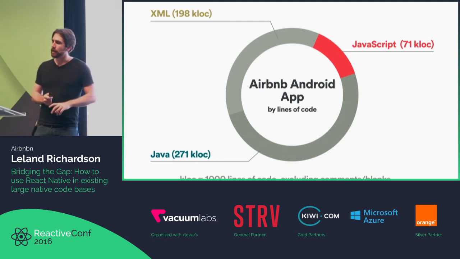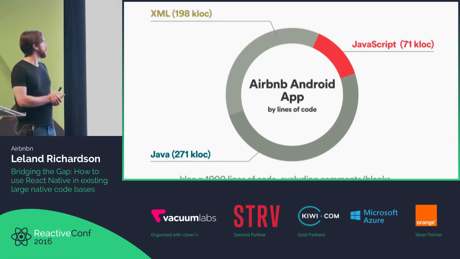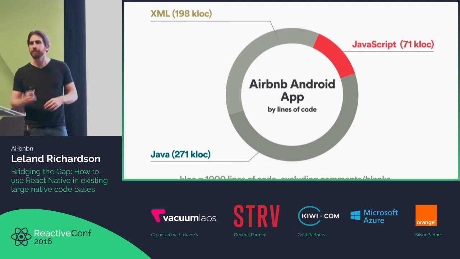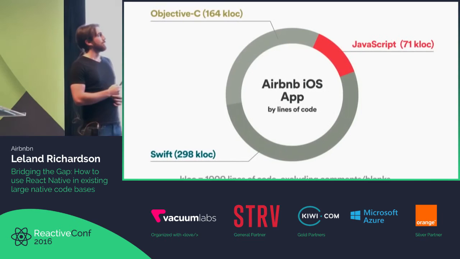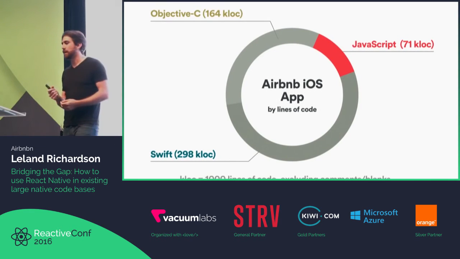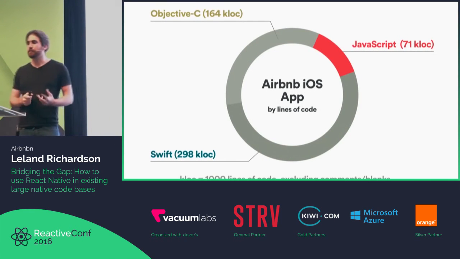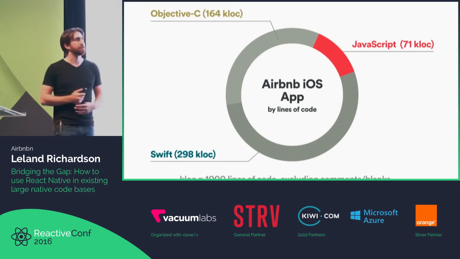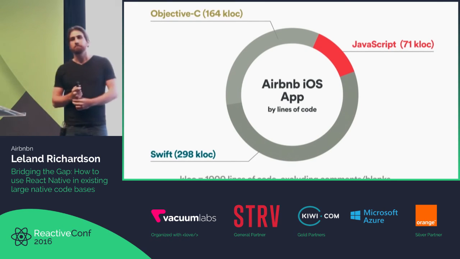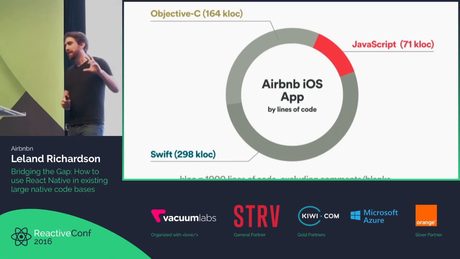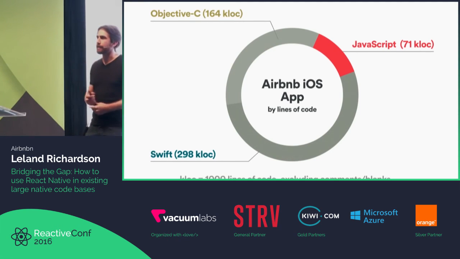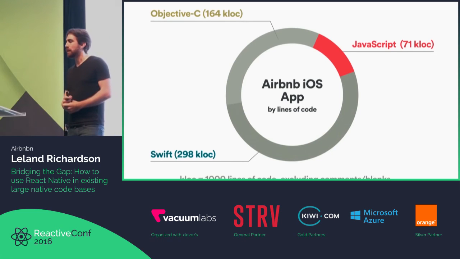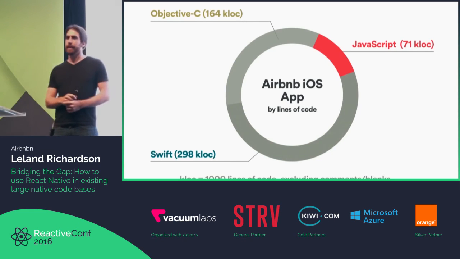If you compare that to the Android app, our Android app has around 271,000 lines of Java and another 200,000 lines of XML. Compared to the iOS app, we have about 300,000 lines of Swift and 164,000 lines of Objective-C. So if you were trying to put it somewhere, React Native stands right now as somewhere between 10 and 15% of the app.